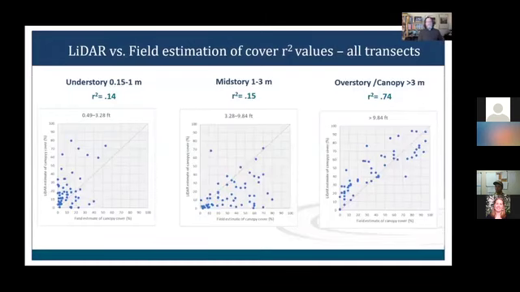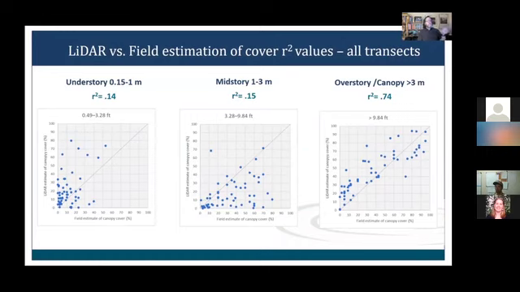To get a better statistical analysis and correlation across all transects, we prepared these plots, and our statistician did an analysis to look at the R-square values. On the left, you can see the distribution of points. The y-axis is the LiDAR estimate of canopy cover, and the x-axis is the field estimate of canopy cover.